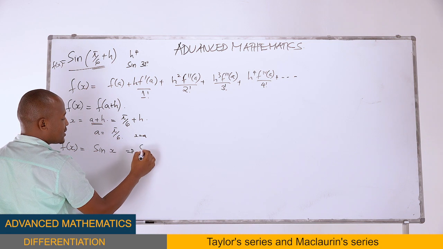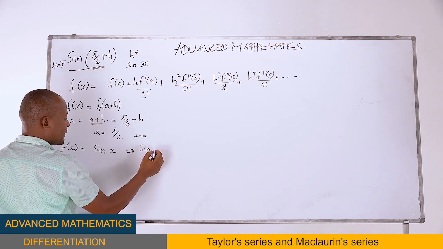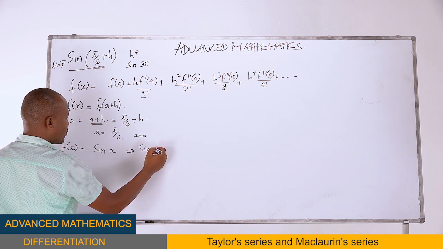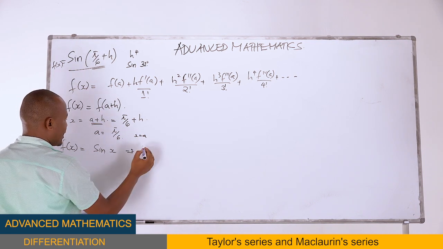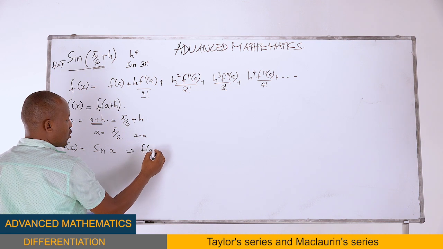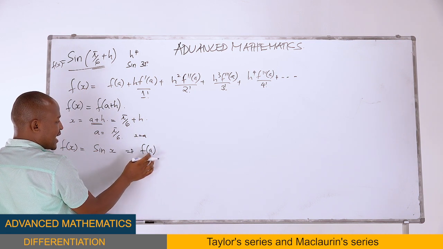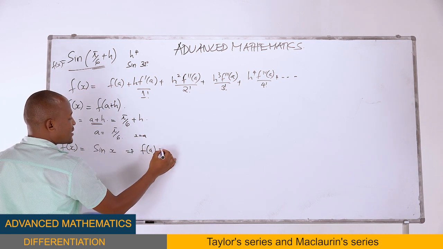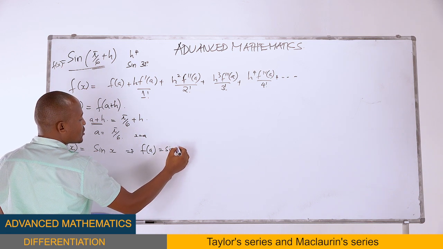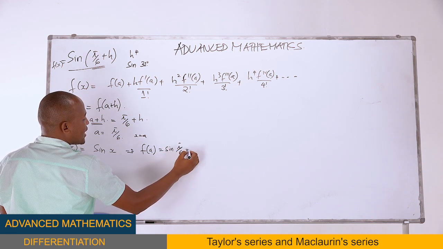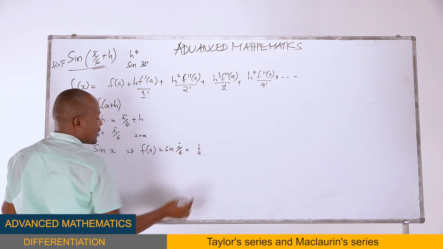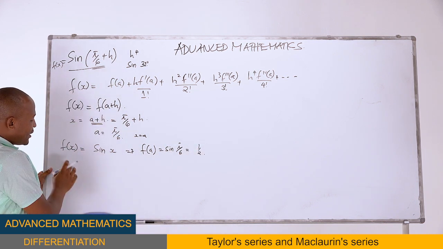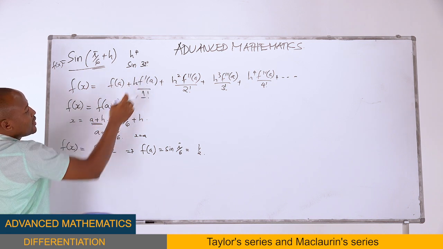That is to say, we are going to find the value of sine of a. And what is our a? Our a is pi over 6. That is to say, we are going to evaluate sine of pi over 6, and we know that the value of sine of pi over 6 is a half. That is of no doubt. Now let's go on and do the second one.